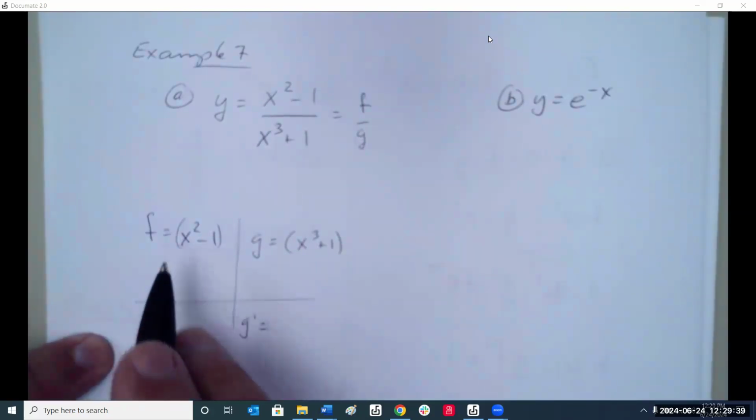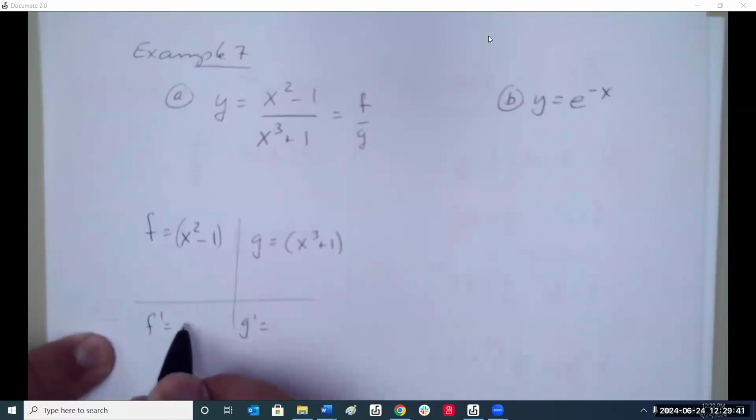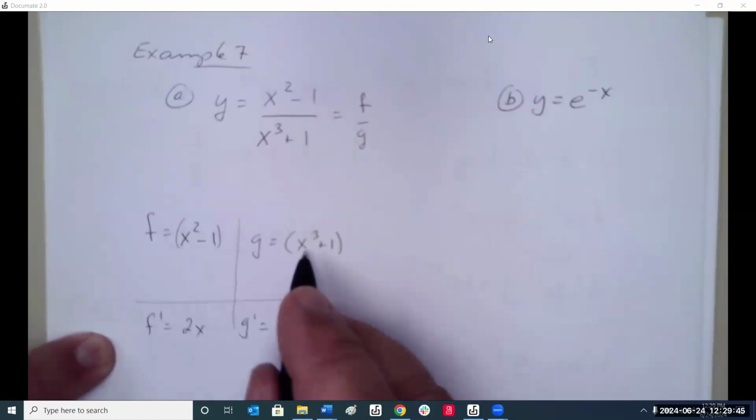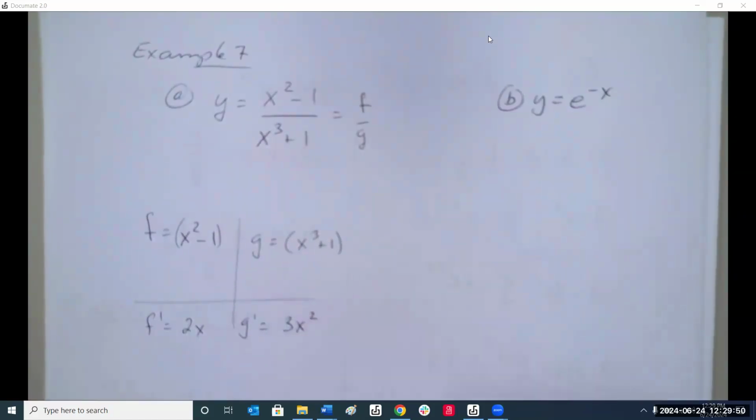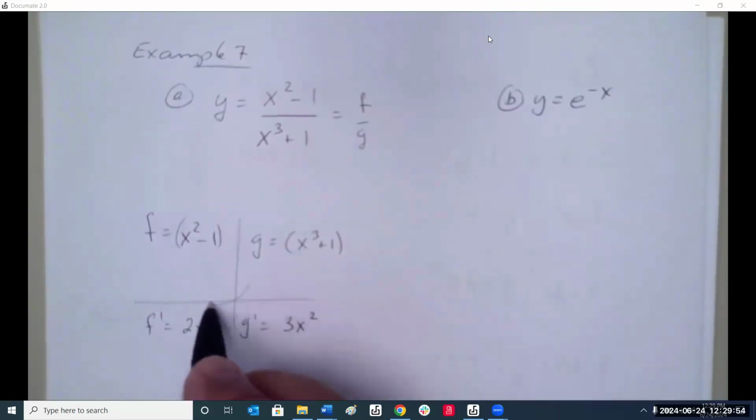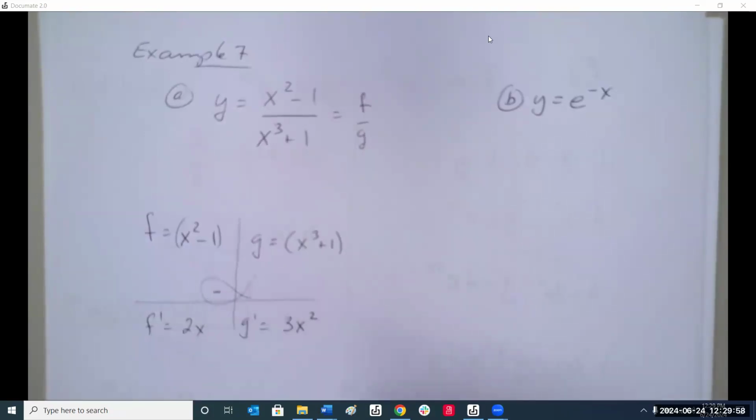So the derivative of the numerator is what? 2x. Just subtract 1. And g prime is 3x squared. Since it's a quotient, we subtract.